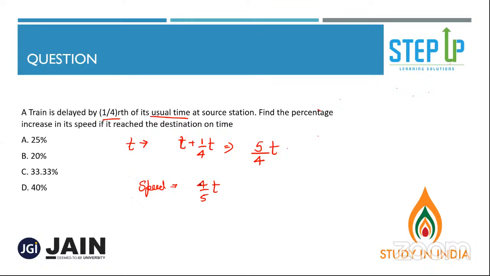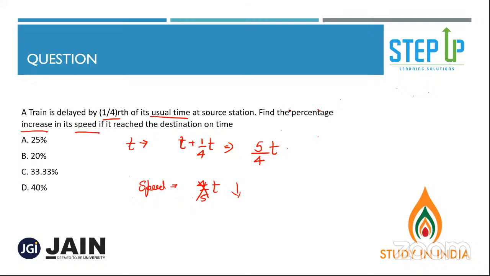This is wrong, people. I'm telling you, this is wrong, because if time is increased, speed has to be reduced. If you're taking more time, speed has to be reduced. So find the percentage, but they are saying percentage increase in its speed.